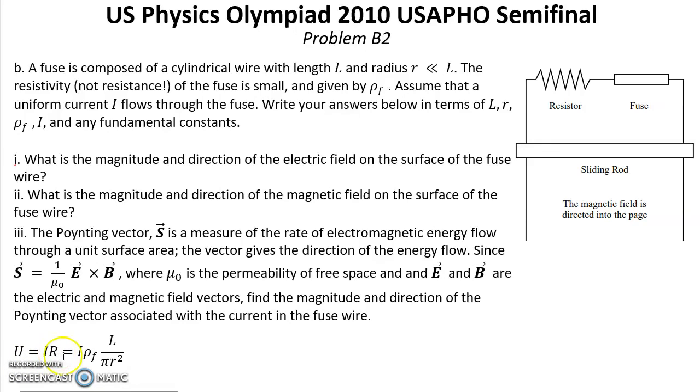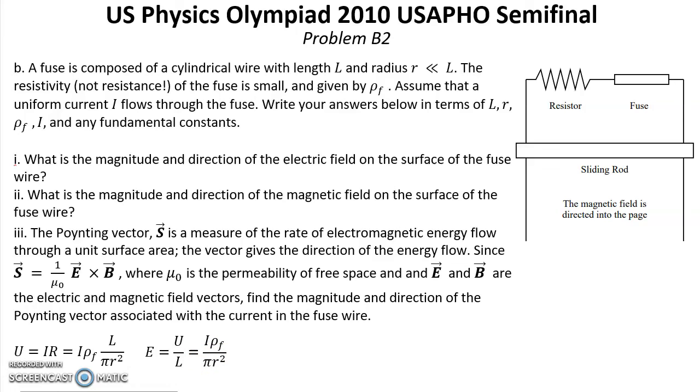But resistance equals resistivity multiplied by length L and divided by the area of cross section, which is pi r squared. And from this formula we can find the electric field. That will be the potential difference divided by length. And finally we have the electric field equal to current multiplied by the resistivity of this fuse and divided by pi r squared.